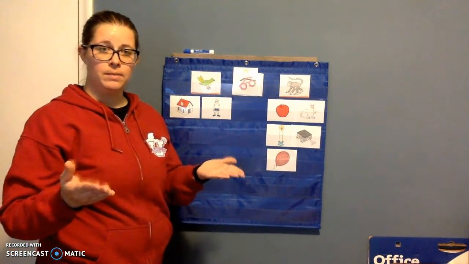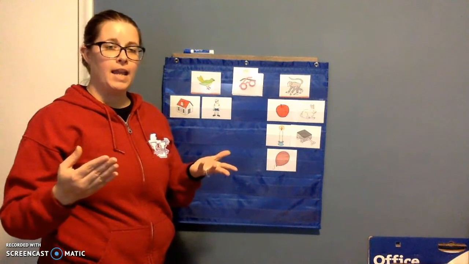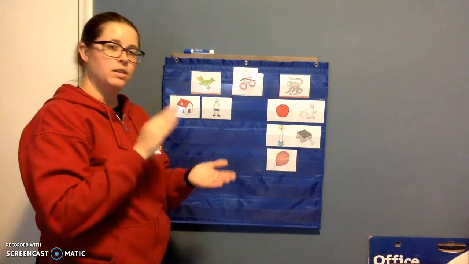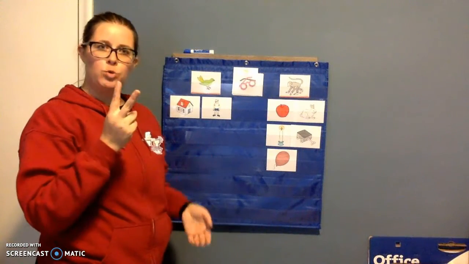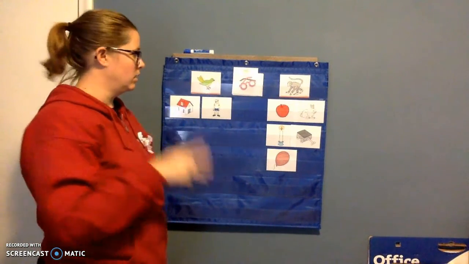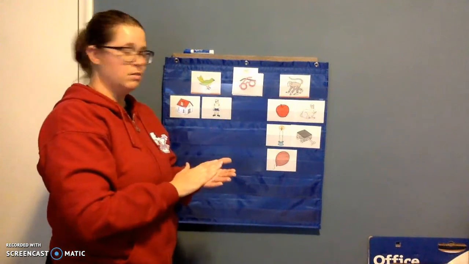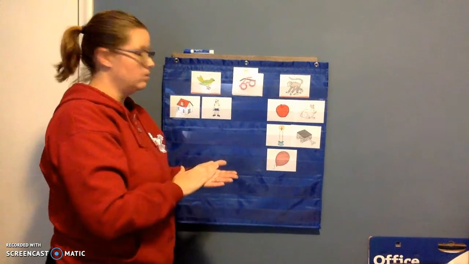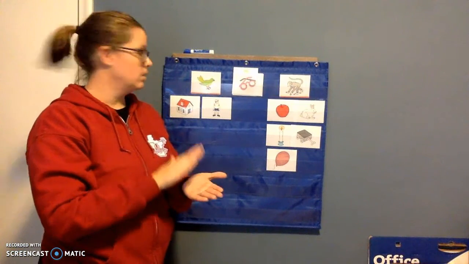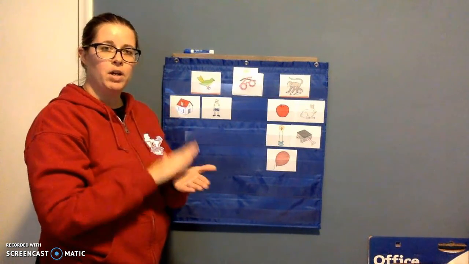Say glasses. Okay, now we're going to say glasses and clap it. Glasses. 2 parts again. Oh, we have so many words that have 2 parts. So glasses, monkey, apple, rabbit, candle, wagon, balloon.